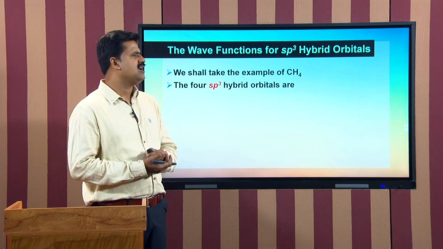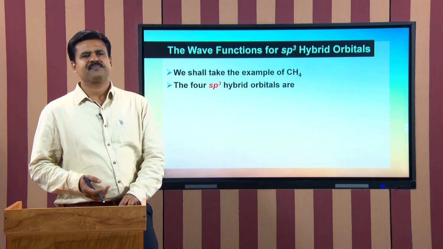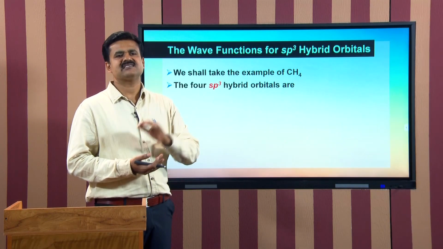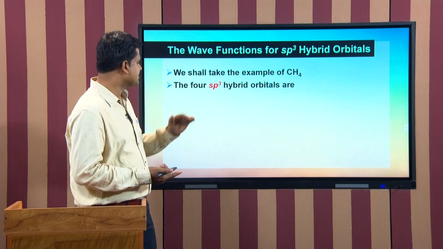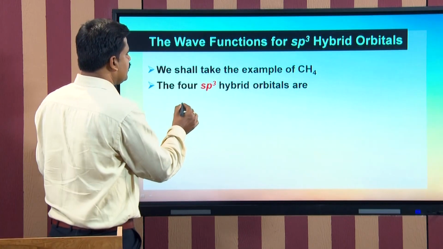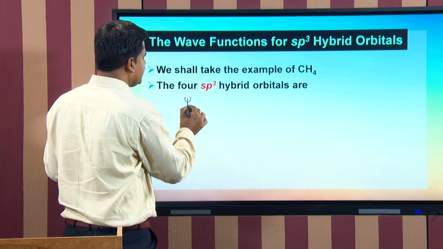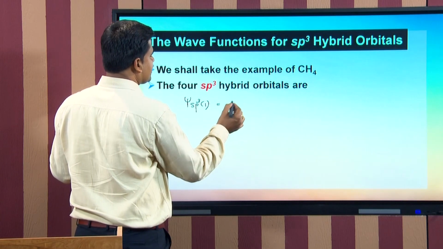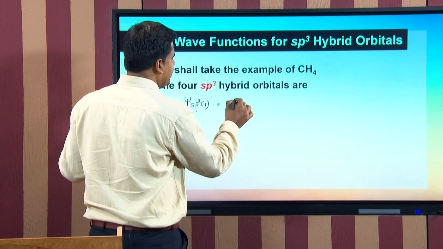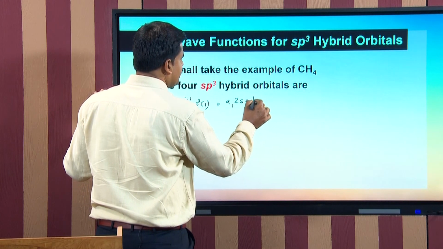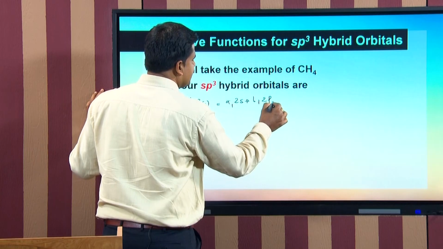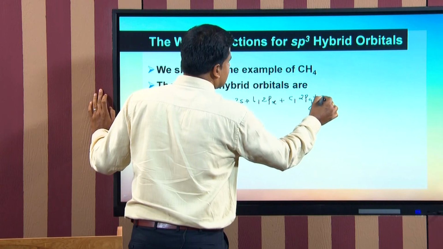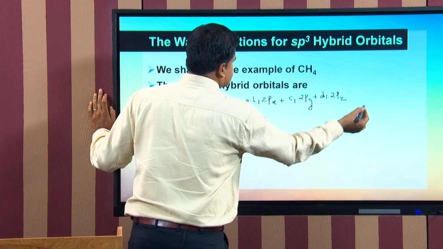The wave functions for sp3 hybrid orbitals. Now we can take CH4 again as an example, where there are 4 sp3 hybrid orbitals, and each sp3 hybrid orbital can be constructed like this. Let the first sp3 hybrid orbital be psi sp3 1, equal to A1 2s plus B1 2px plus C1 2py plus D1 2pz.